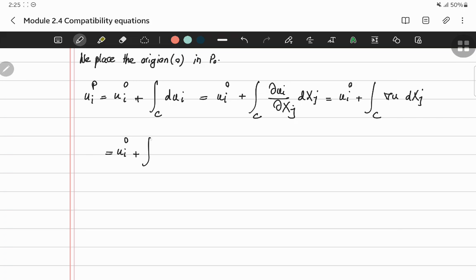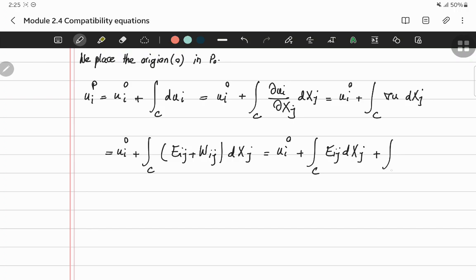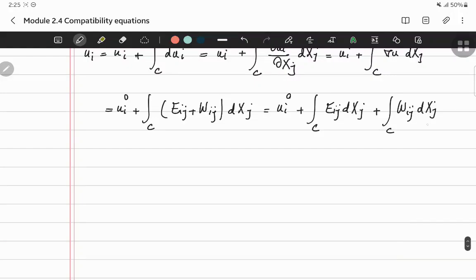So it is ui O plus the integral of Eij plus Wij, dxj, on C. So here we have ui O, I expand this part, the integral of Eij dxj on C plus the integral of Wij dxj on C. Now let us get rid of this Wij integral, because I'd like to write this integral in another form.